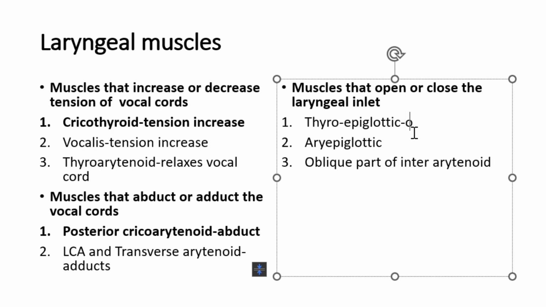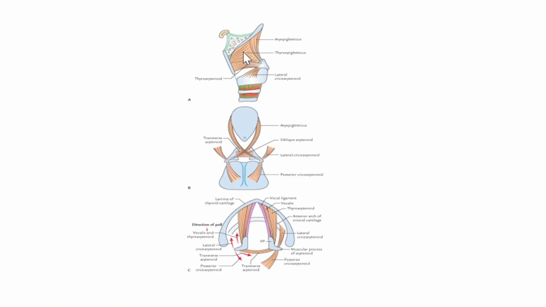So here it is opening, and both these two are closing the laryngeal inlet. You can see this muscle is thyroepiglotticus, which is opening the larynx. The oblique arytenoid and the aryepiglotticus will be pulling the epiglottis back, thus closing this cavity. Now here you see the transverse arytenoid is adducting, the posterior cricoarytenoid is abducting.